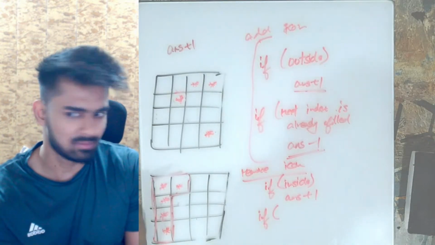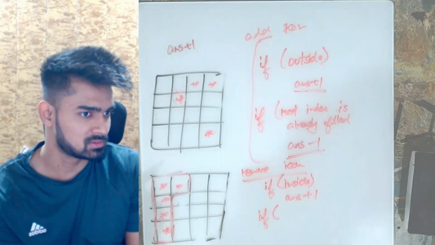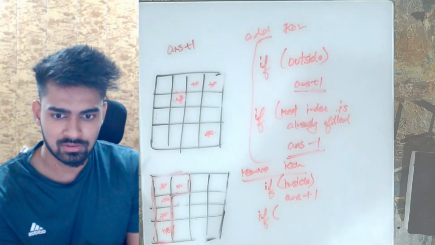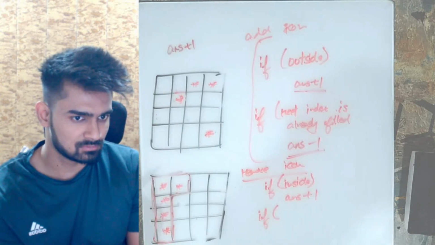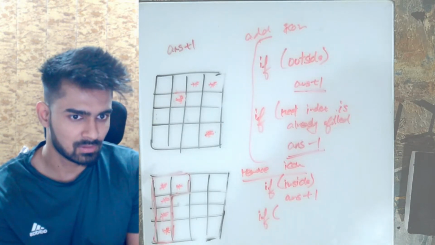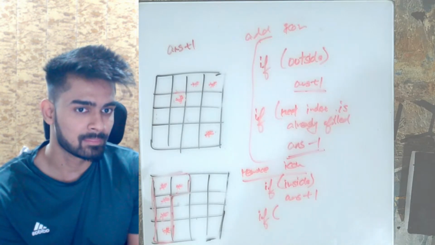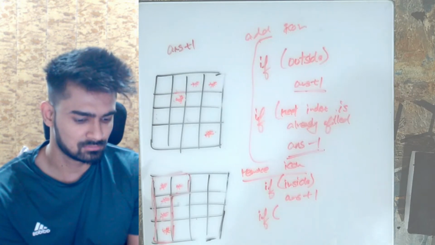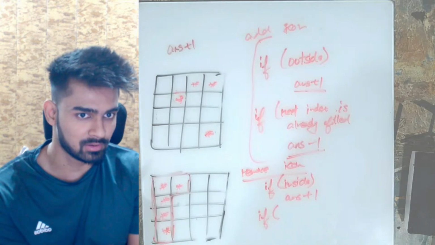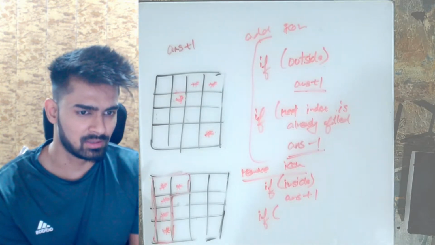What is the condition that I'm missing? If you are removing actually, then what you have to do is, sorry, if I'm removing, yeah, right. If I'm removing, then this index gets taken.